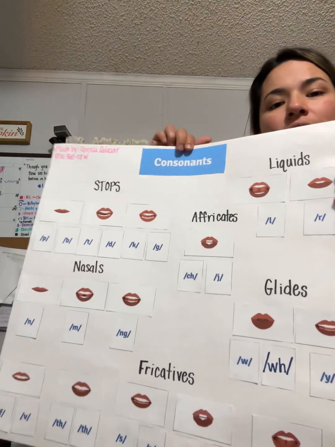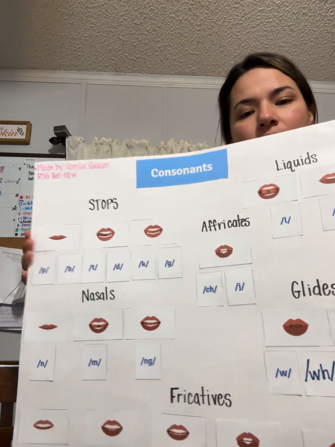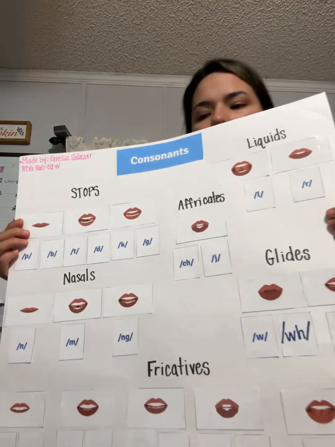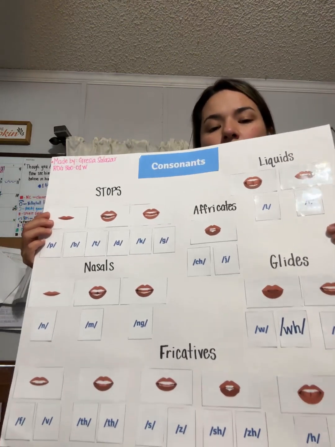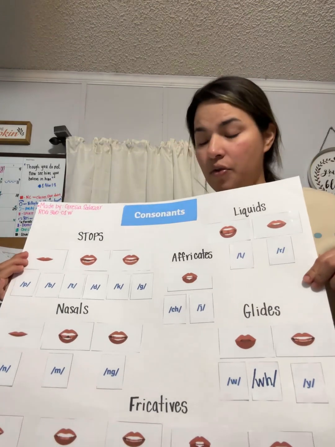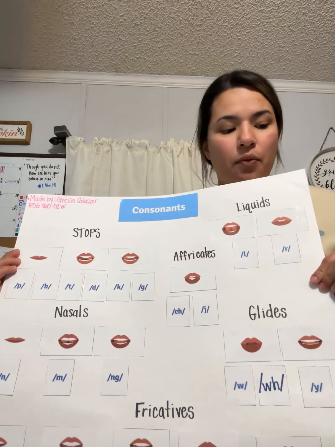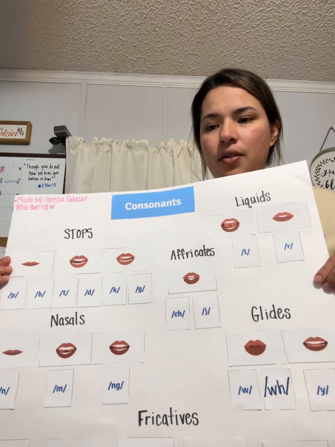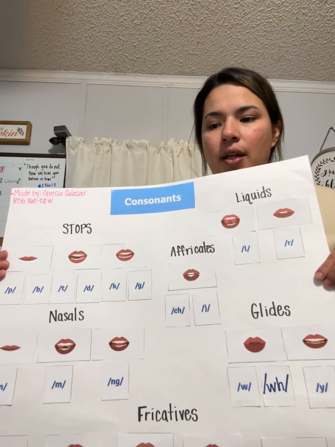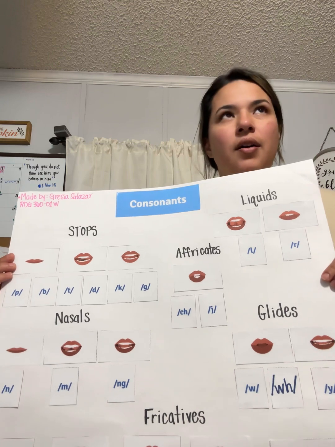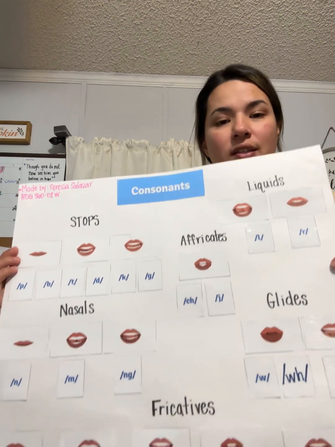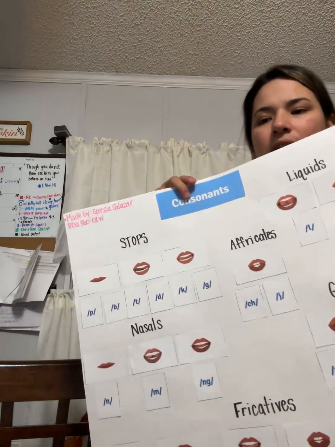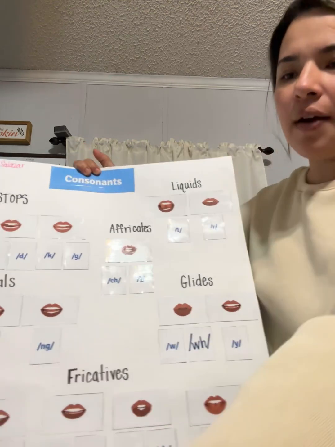So when we're dealing with consonants or vowels, in this case we have our sound wall that is referring to the consonants, and we are referring to unvoiced and voiced sounds. As we continue, I will brief you on that.